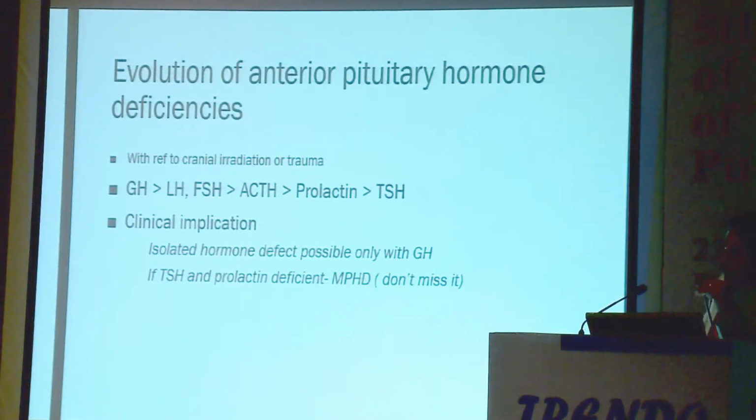So always look for them, do not miss it. Whereas, in a patient who had a very mild insult, the hormonal deficiency may be limited to deficiency of growth hormone alone. So in adults, growth hormone deficiency can present as a sole pituitary dysfunction as compared to other hormones.